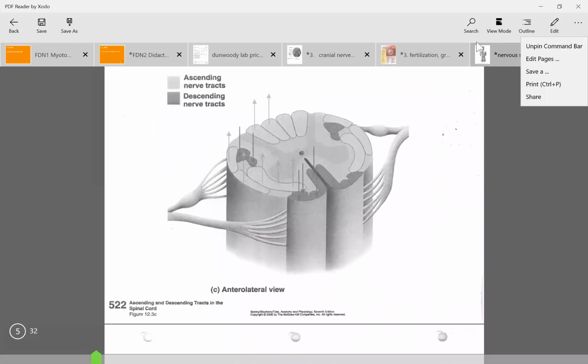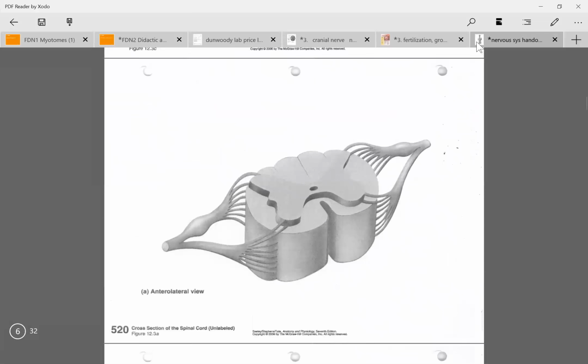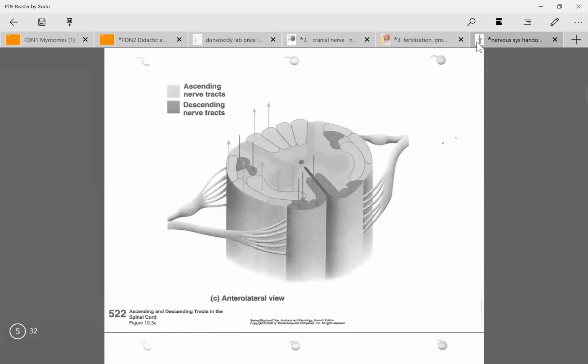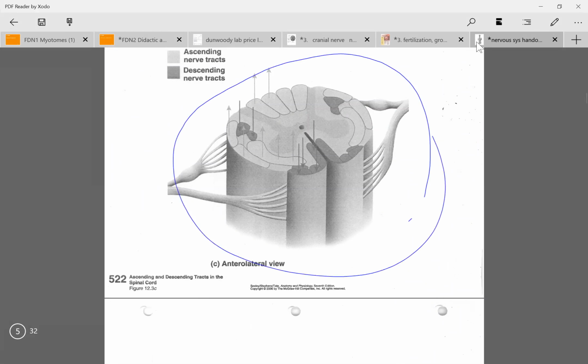Okay, this one, now the stuff we're going to get into with the cross section of the spinal cord. Okay, this does get tricky. All right, now you'll notice I gave you several slides. Actually, what I would probably do is make several copies of this.